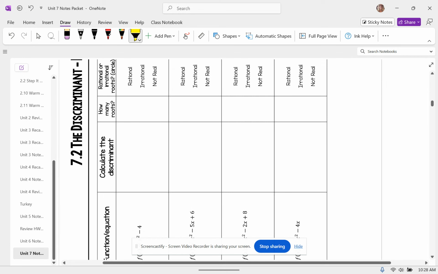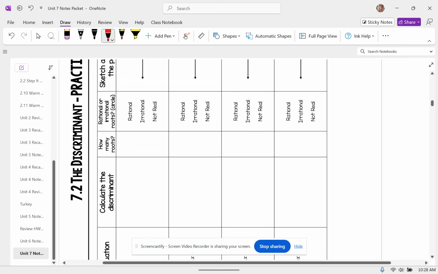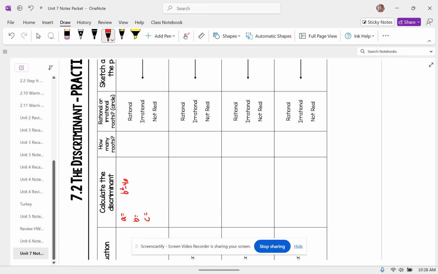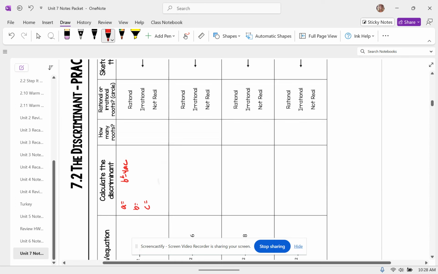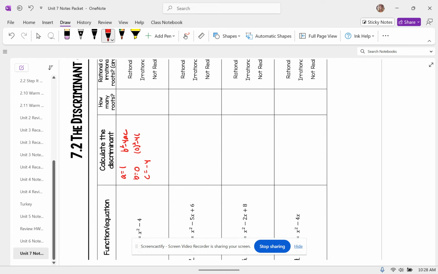Okay, so first, the one that I'm filling out is x squared minus 4. I'm going to calculate the discriminant. Alright, so I've got a coefficient of 1, there is no b term, c is negative 4. So I get 0 squared minus 4 times 1 times negative 4. Negative times a negative is a positive. My discriminant is positive 16.